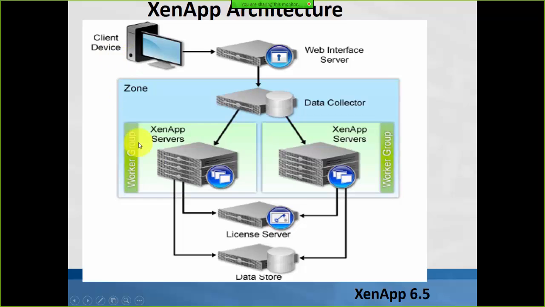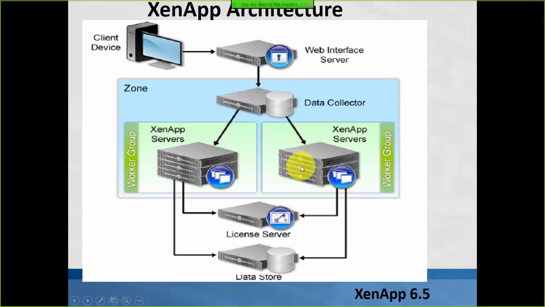XenApp architecture is, so there's the data store, database here. We have 2 XenApp servers. Data collector is going to let the servers communicate all the information that they require about the infrastructure.